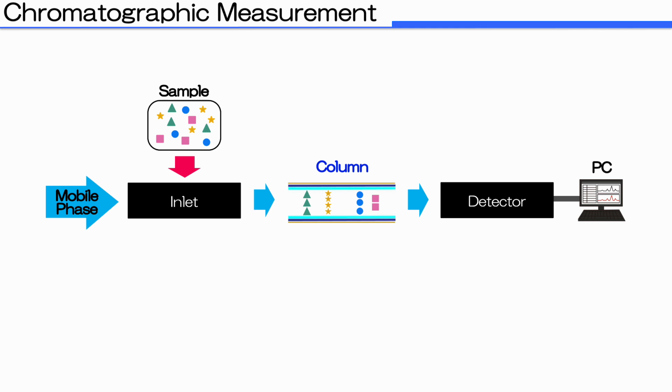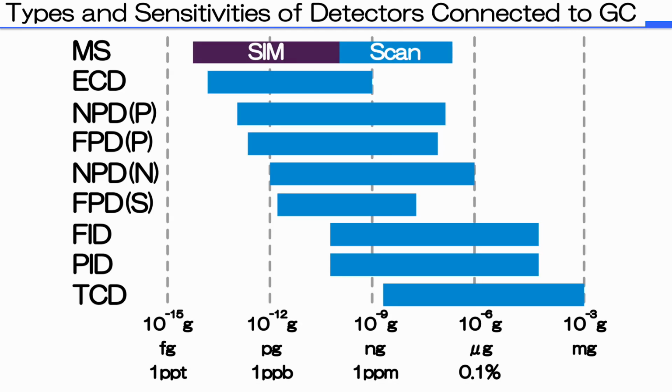And finally, I will explain about the detector connected to GC. This slide highlights the types of detectors connected to the GC and their sensitivity. There are two types of MS detector method.